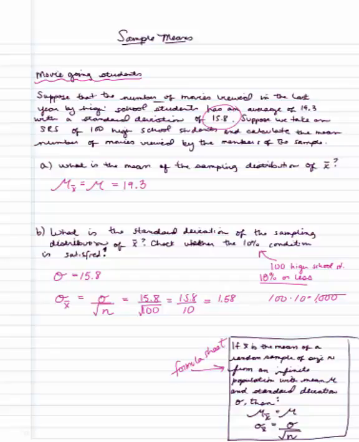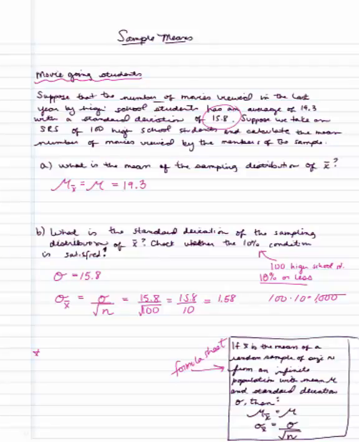If X bar is the mean of a random sample of size n from an infinite population with mean mu and standard deviation sigma, then the mean of X bar equals mu, and the standard deviation of X bar equals sigma divided by the square root of n. So exactly what we were just working with.